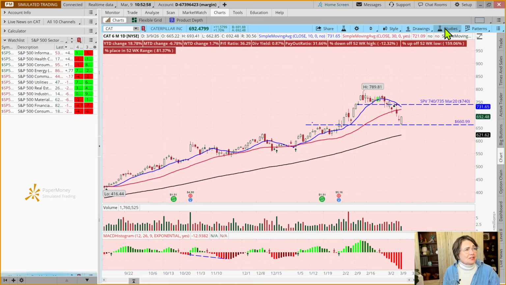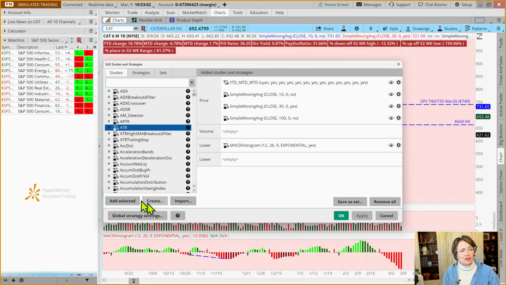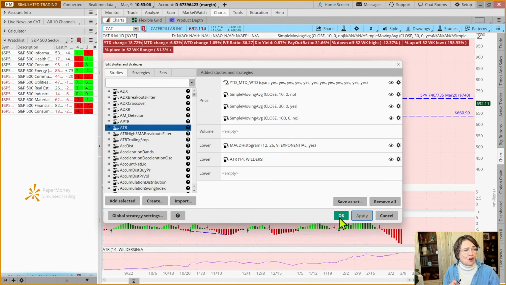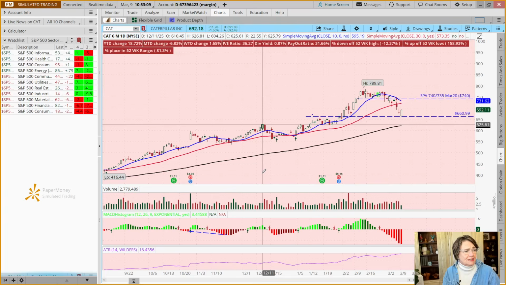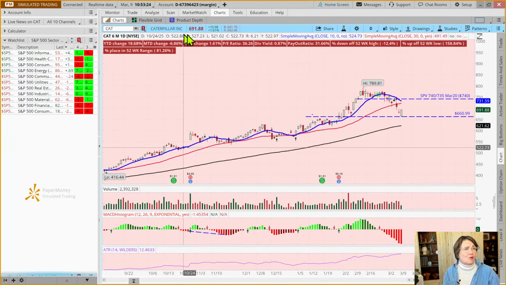But on an average day, if we look at our studies and add average true range, which is the amount this stock has moved on average over the last 14 days, that number's over 20 bucks. It's currently $27.65 that Caterpillar has moved on average in one day. So we're at $6.92, and we have 11 days for it to move just under 50 bucks.